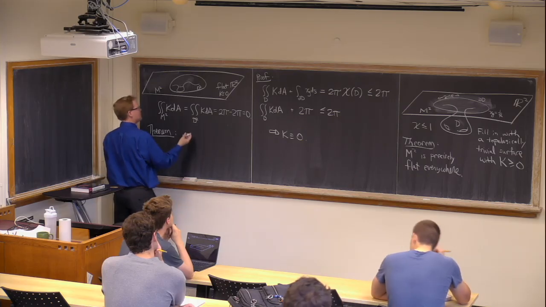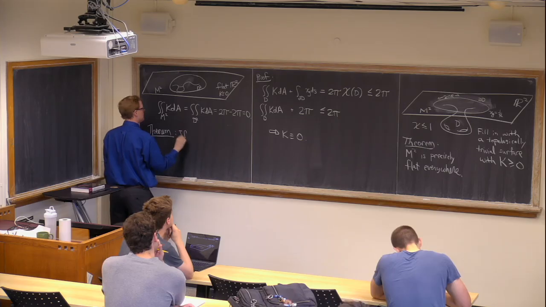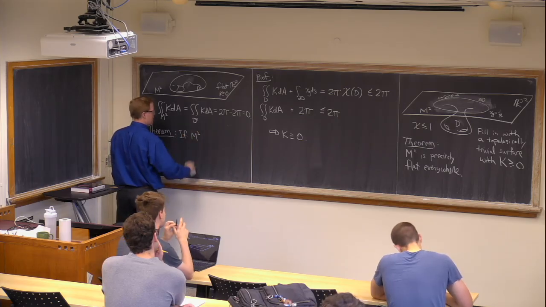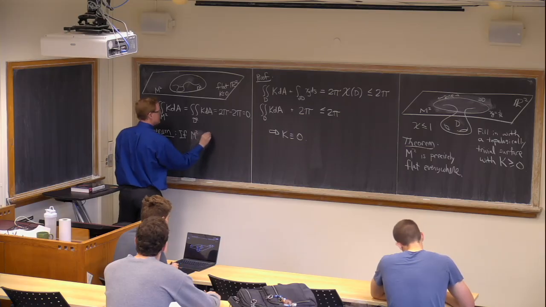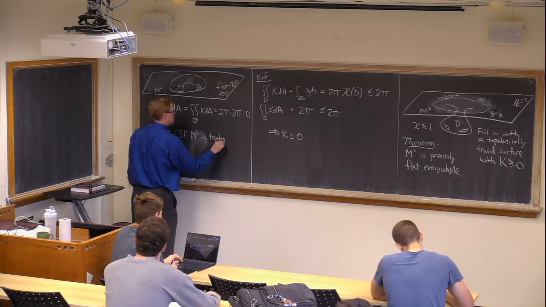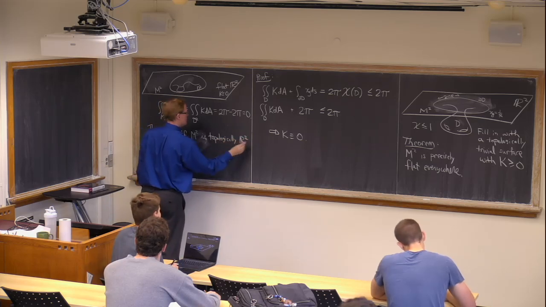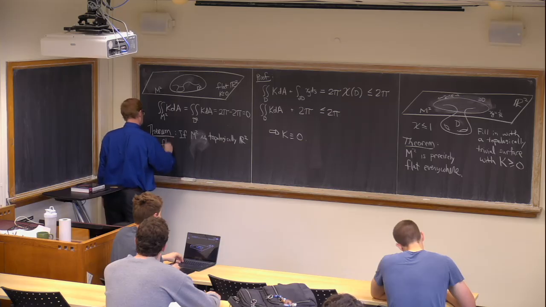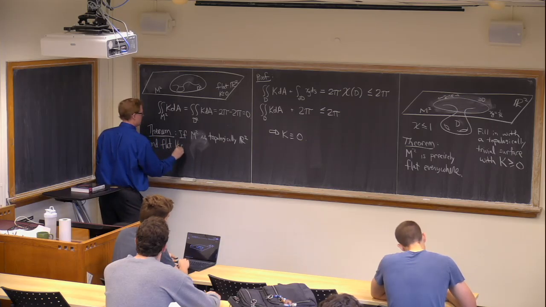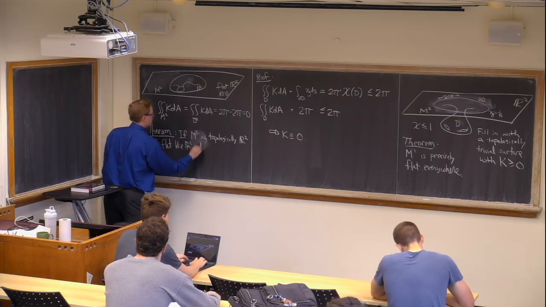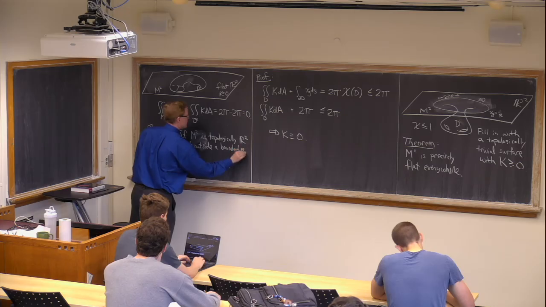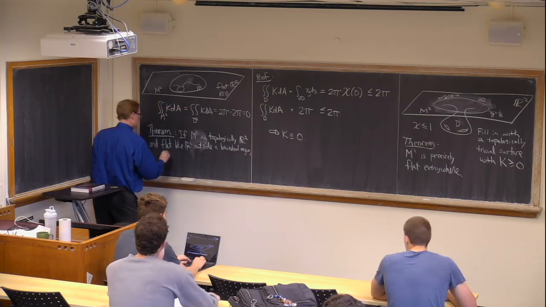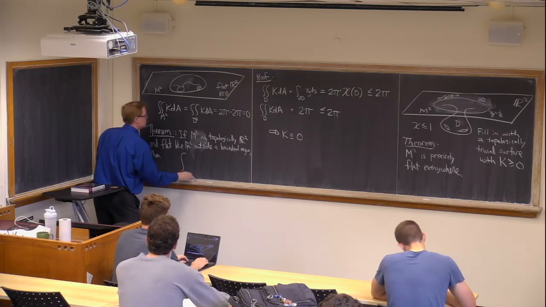The point is, if M2 is topologically R2 and flat like R2, a flat metric on R2 outside a bounded region, then the integral over the whole thing, M2, of k dA equals 0.